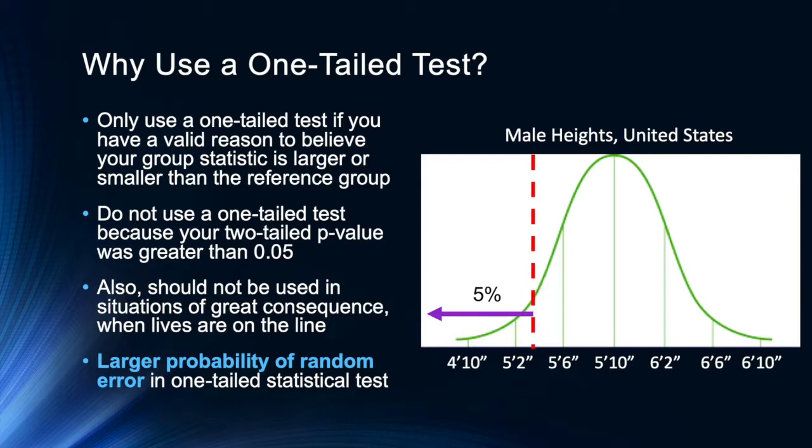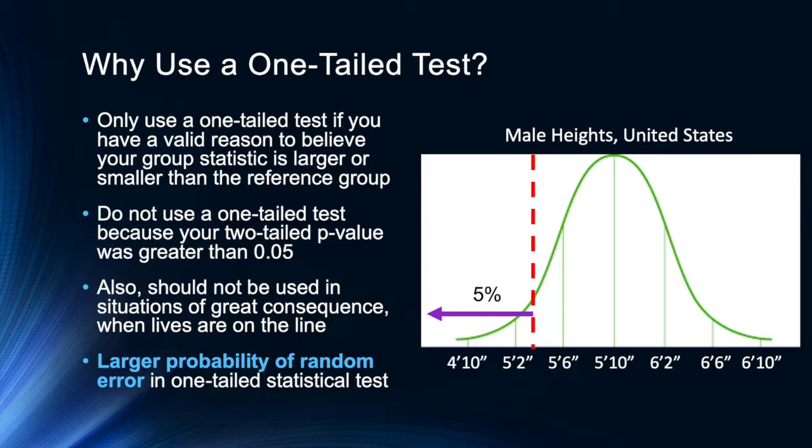So if they are actually higher, then you may judge the significance incorrectly, because it is easier to achieve that significance with a one-tailed test. And if you're working with lives, say with a cancer drug, you would never want to do this, because you would want to probably have a 99% confidence interval in that case, because these are people's lives on the line. So you have to keep that in mind when you choose higher or lower.